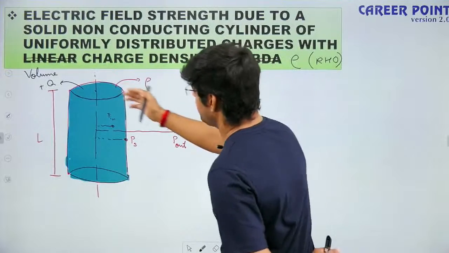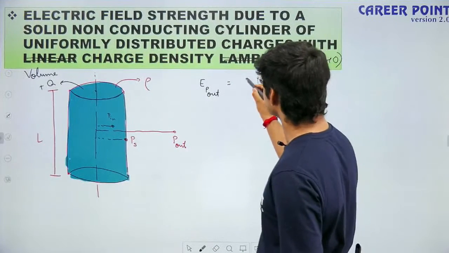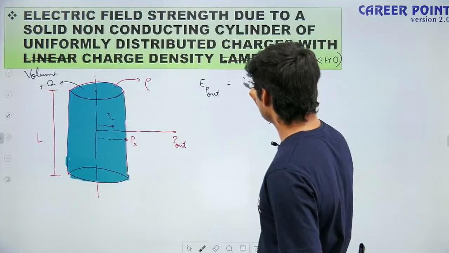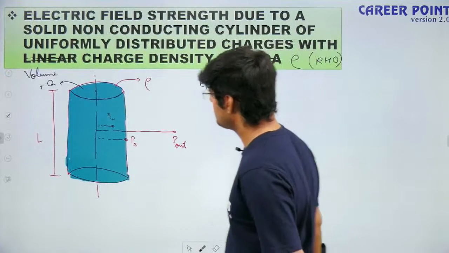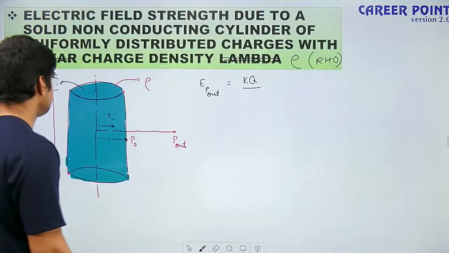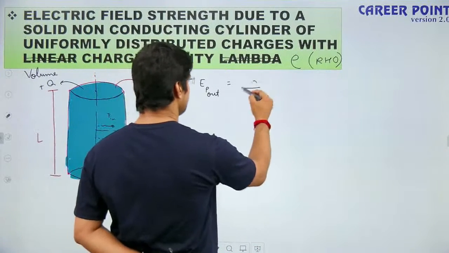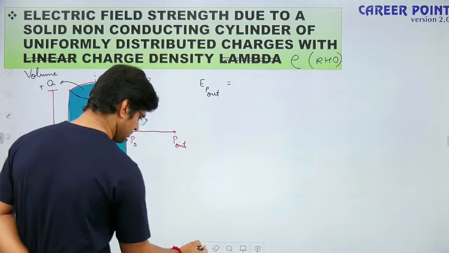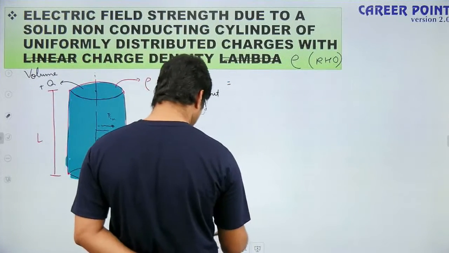So from here we can write, the electric field at P outside will be K Q by, or instead of writing KQ, you can say this lambda we can use as it is.